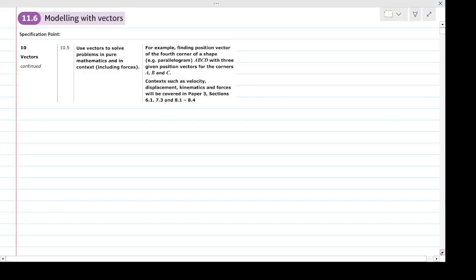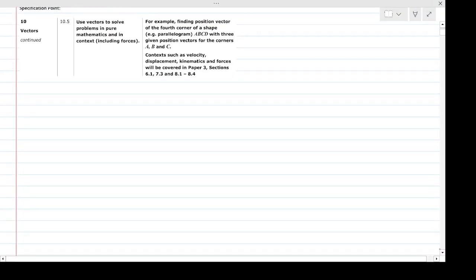Okay, so let's first talk about displacement or distance. Consider this scenario. Consider we have a point A here, let's say, and then a point B here.